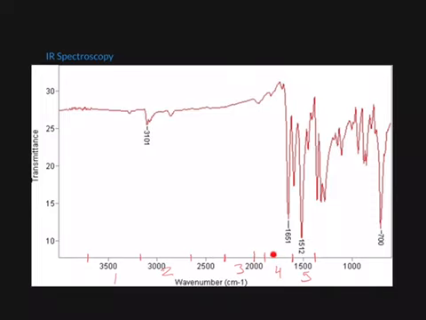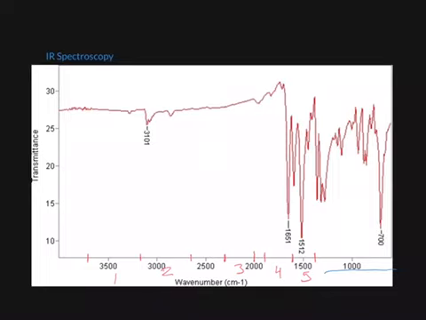Zone 4 is 1800 to 1600. And Zone 5 is 1600 to 1400. Usually the rest of the graph is considered the fingerprint region, and we do not pay much attention to this, but we do have an exception here, and we'll get to that in just a moment.